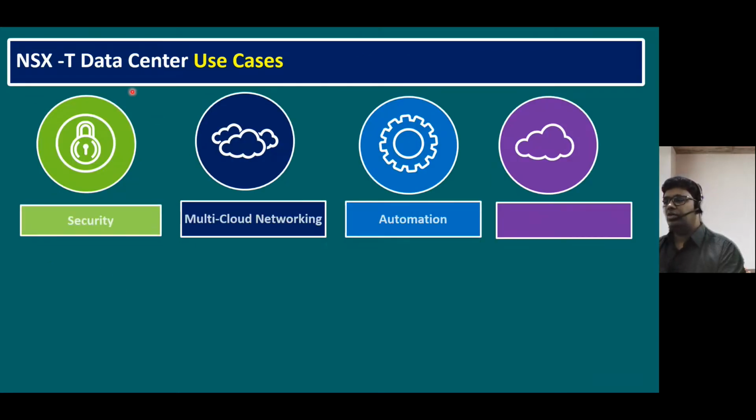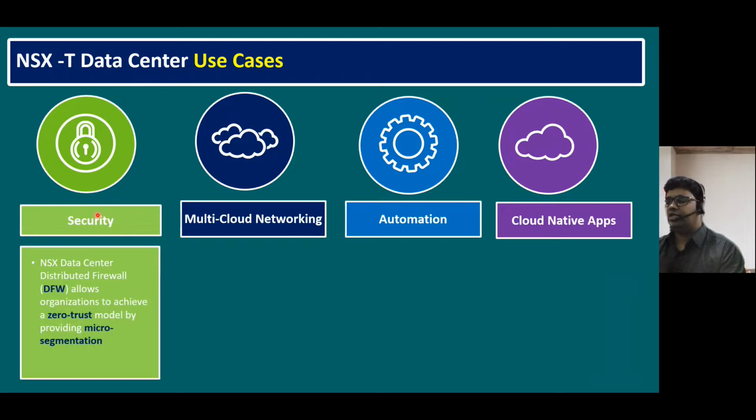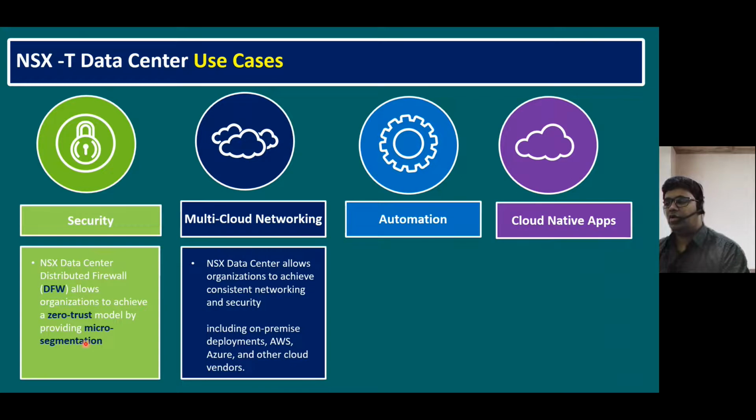So the NSX-T use cases, if we highlight the main key points, are security, multi-cloud networking, automation, and cloud native apps. Within security, the main point is that the NSX data center distributed firewall allows organizations to achieve a zero trust model by providing micro segmentation. In multi-cloud networking, NSX allows organizations to achieve consistent networking and security, including all our workloads on-premises, AWS, Azure, and other cloud vendors.